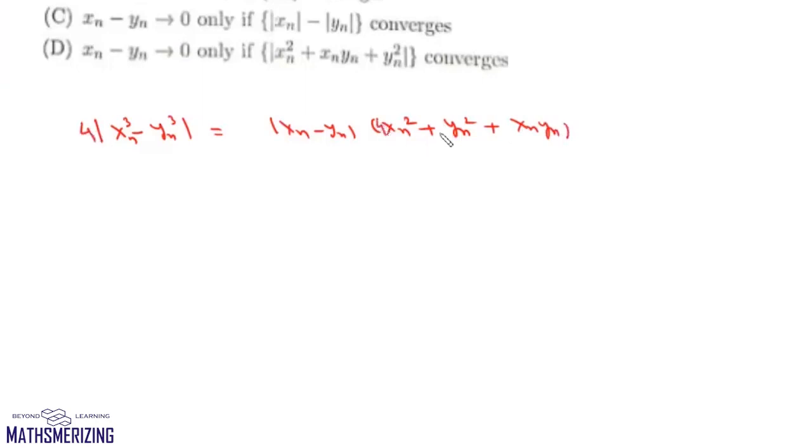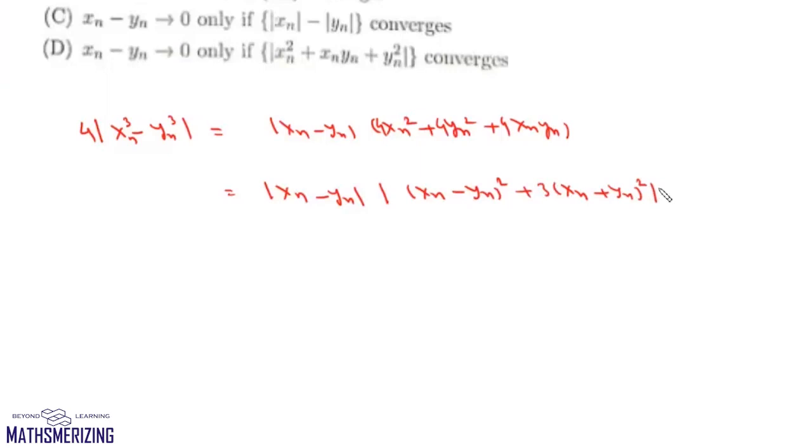So we'll get 4x_n square, 4y_n square, and then 4x_n y_n. Now we can rewrite this as mod of (x_n minus y_n) into mod of ((x_n minus y_n) whole square plus 3 times (x_n plus y_n) whole square).